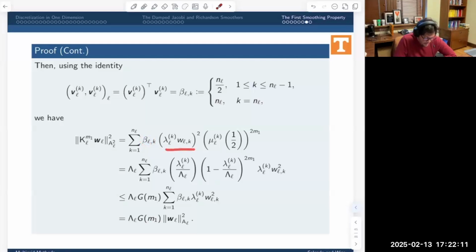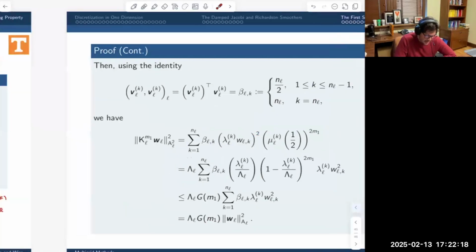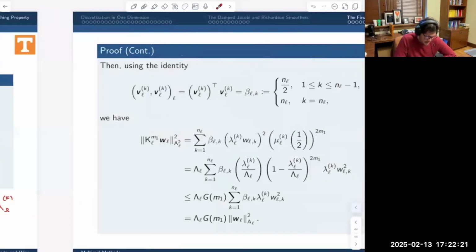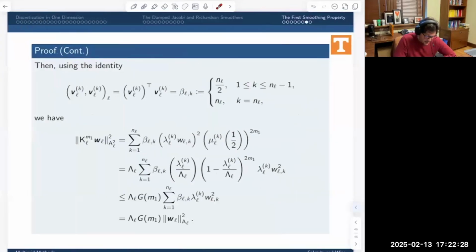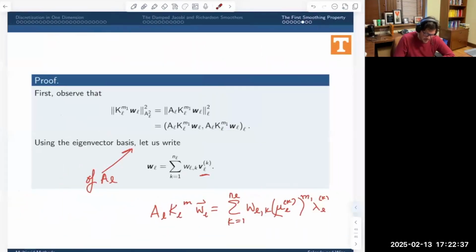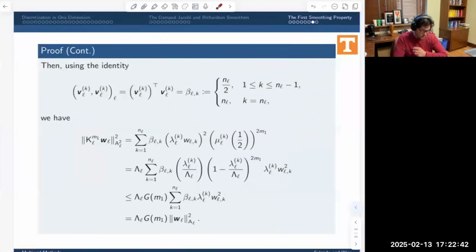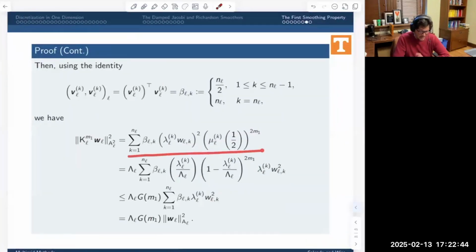I get eigenvalues from the stiffness matrix, squared, because I have them appearing on both sides. And then I'm going to get the eigenvalues for the error transfer matrix raised to the 2m1 power, because I get m1 from this side and m1 from that side. Okay, so that's the calculation that I've done there.